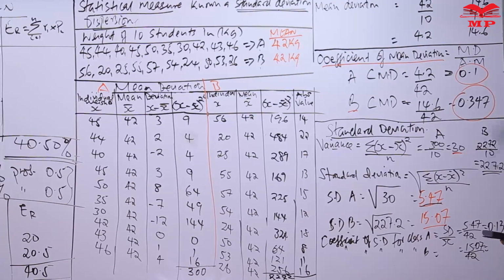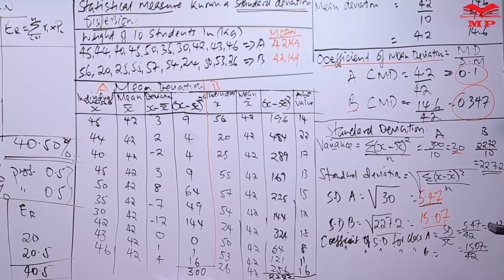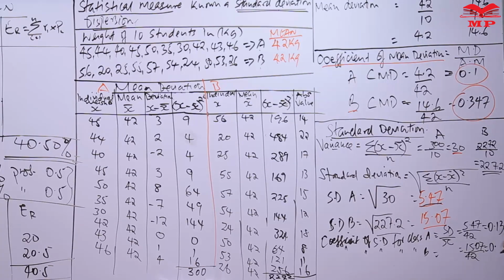Class B, 15.07 divided by 42, will be equal to 0.36. 0.36 is the coefficient of standard deviation for class B.